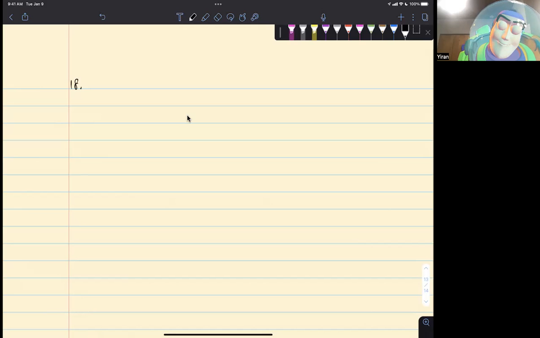Our goal is to show there exists delta larger than 0 such that for all points with the distance of (W1, ..., Wn) minus (C1, ..., Cn) smaller than delta implies that, oh, wait a second.